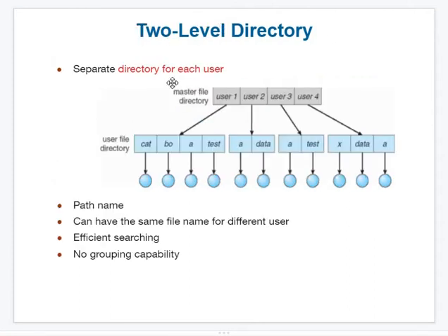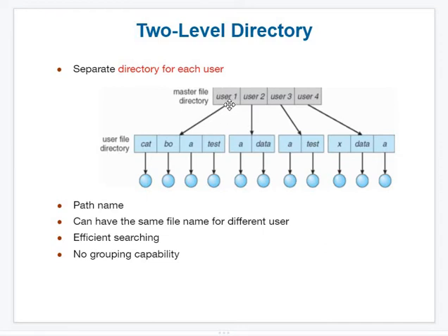Two level directory: we have to create a directory for each user at the root level. You can see here user 1, user 2, user 3, user 4. You can think of it like C drive, D drive, E drive, F drive, but it is better to think in terms of users 1, 2, 3, 4.